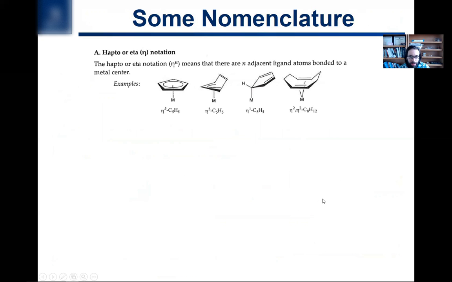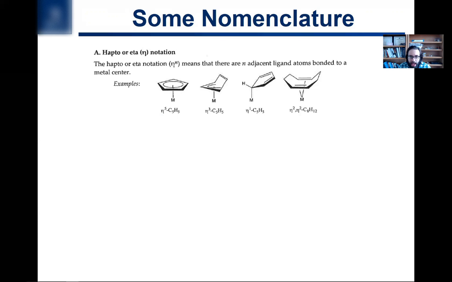A little bit of organometallic nomenclature. By this point, I think you know that I'm not huge on nomenclature, but you'll see this in the literature, and so it's useful for you to recognize, oh yeah, I remember this eta notation means something, let me go look that up to refresh my memory. This has to do with hapticity, or the eta notation.